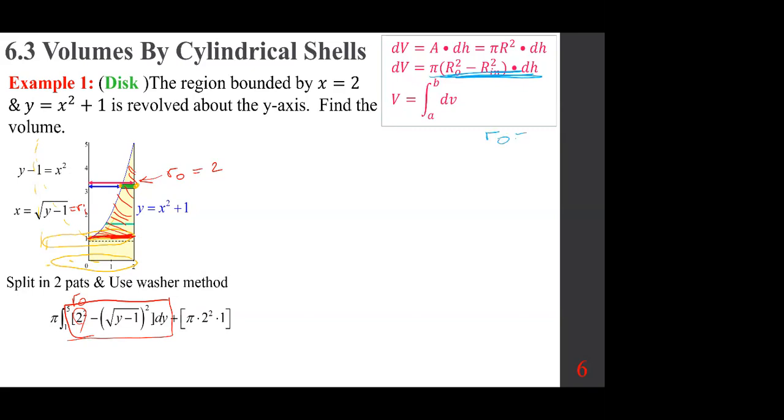R out is 2. R in is the x coordinate of the curve, square root of y minus 1. dH is dy.